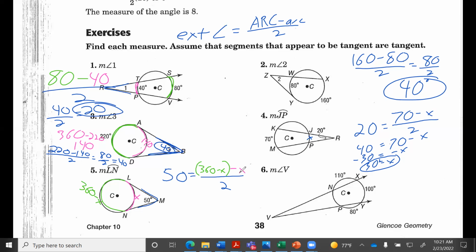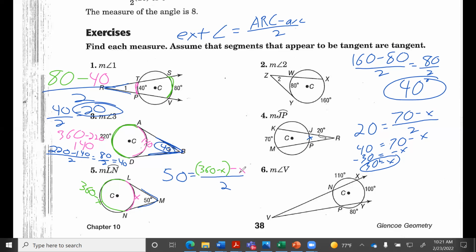At first glance, you'll look at it and ask, why do I have minus x and minus x twice? Well, it's because the big arc is 360 minus the little arc, so that's all going in for the big arc. The minus x at the end is because that is our minor arc. Big arc minus little arc. Now it's an equation we can solve.